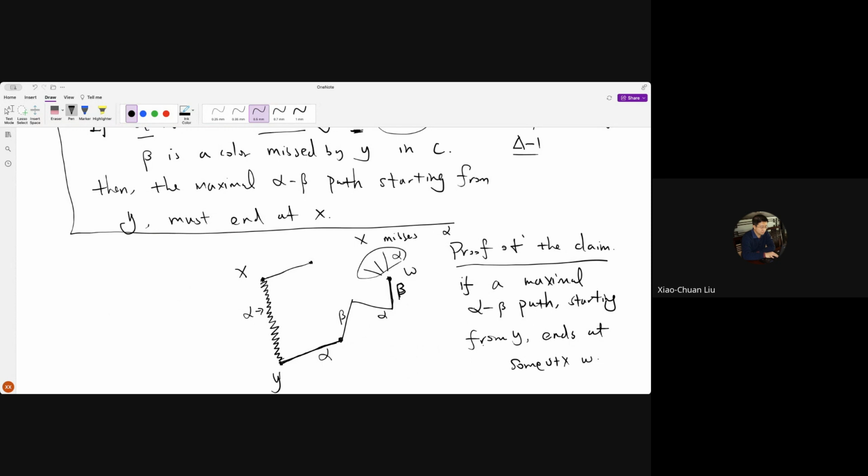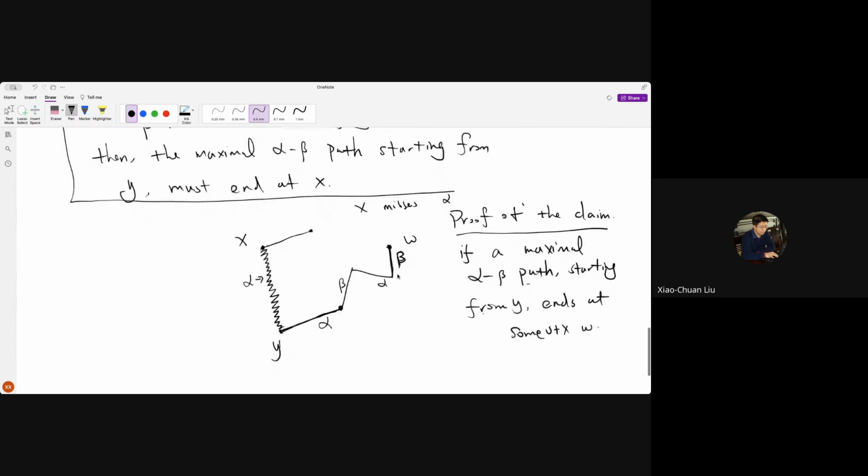Otherwise, I can extend this to a longer alpha beta path, right? So you cannot extend it anymore.